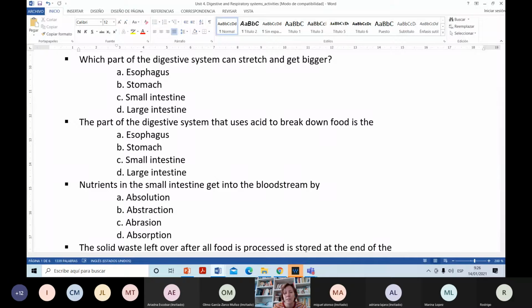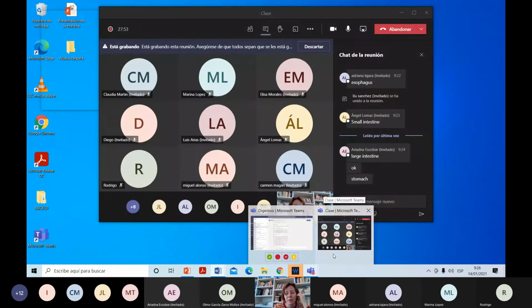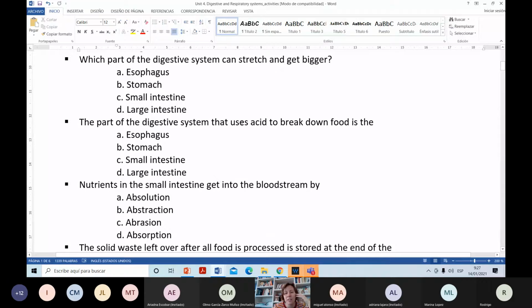But it's also important because of the enzyme that does chemical digestion in the stomach. Any volunteer that remembers the name of the enzyme in the stomach? The pepsin, perfect. The pepsin is the enzyme that works in the stomach, acting over proteins, and it only acts if the pH is low, if it's acid. So this acid is very important for these three reasons.